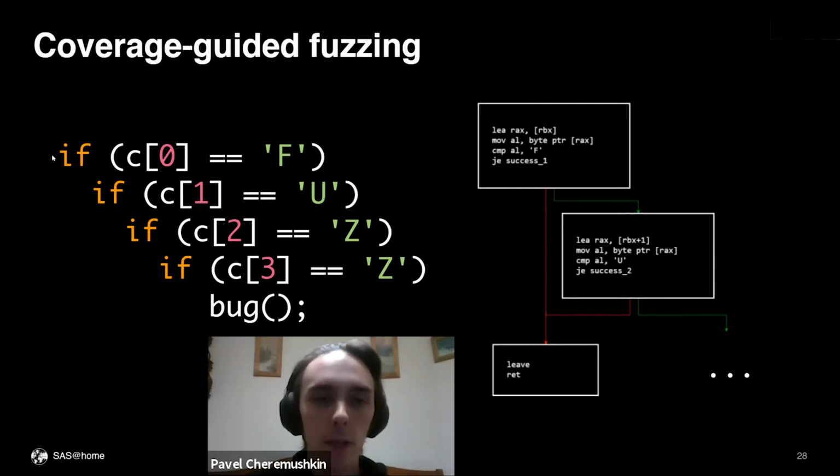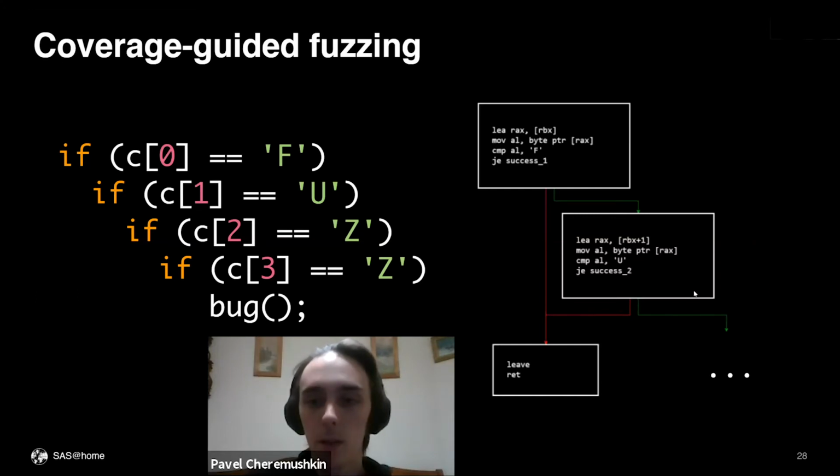So normally, if you compile this code without optimization, you would have some call graph looking like this. So the first basic block is checking if the first letter is F, and if it is F, it jumps to the green branch, and the second letter is checked.